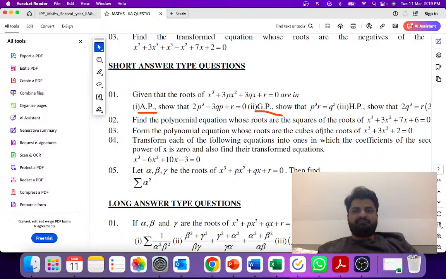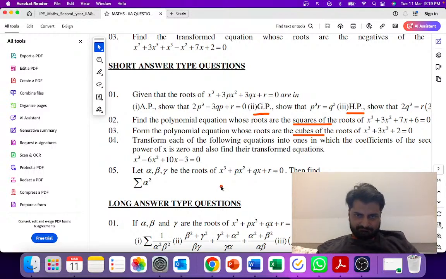So then the changing of the roots, like if you square the roots, double the roots, cube the roots, or roots in GP, HP, all the roots based questions they're asking. So again, it's the same. Transformations also you are getting one question.